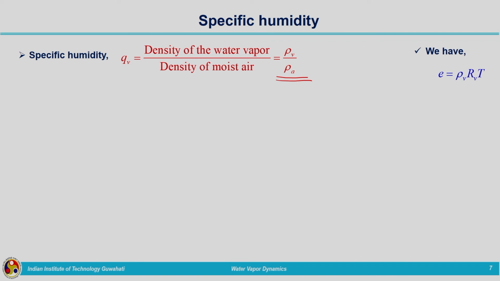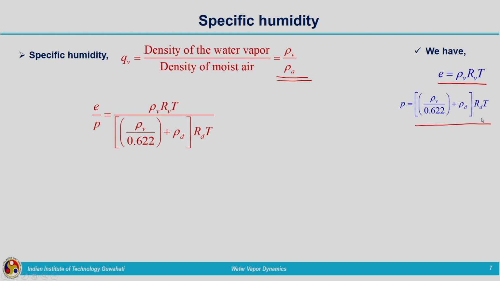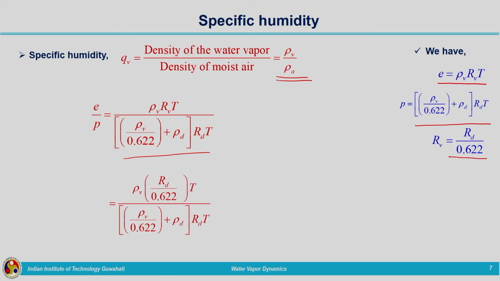We have vapor pressure E is equal to rho v Rv T and the total pressure P is equal to (rho v divided by 0.622 plus rho d) Rd T. Now we will find the ratio of E and P. E by P is equal to rho v Rv T divided by (rho v divided by 0.622 plus rho d) Rd T. Again we substitute Rv is equal to Rd divided by 0.622, as you can see here.